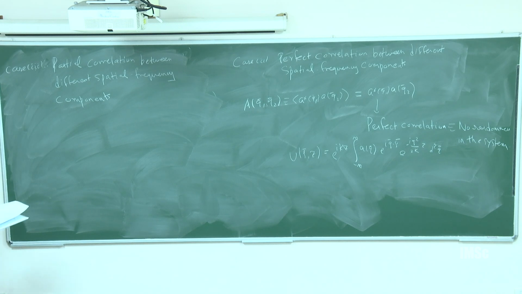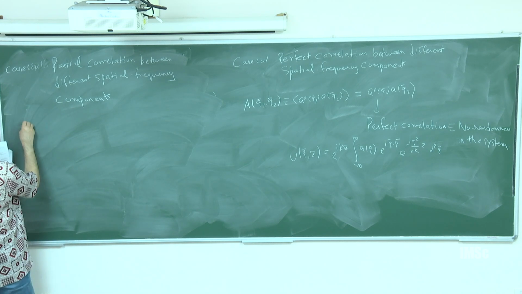So a model that really captures the partial correlations is the Gaussian shell model.